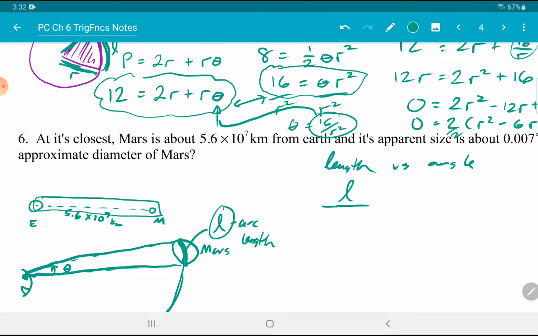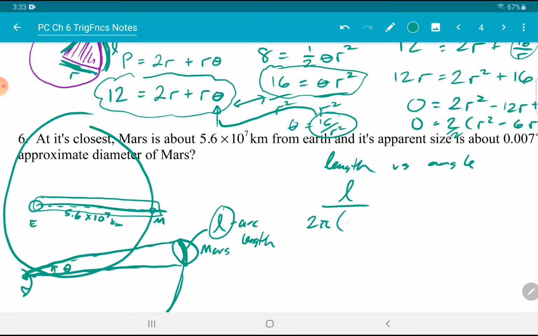Well, again, looking at my drawing here, keep in mind that the radius of your really, really big circle is made up of the 5.6 times 10 to the 7th. So we have 2 pi r, the circumference of our circle, but the r being 5.6 times 10 to the 7th kilometers. Okay, is equal to the angle measurement, the angle formed with your eyes, which we don't know, right?